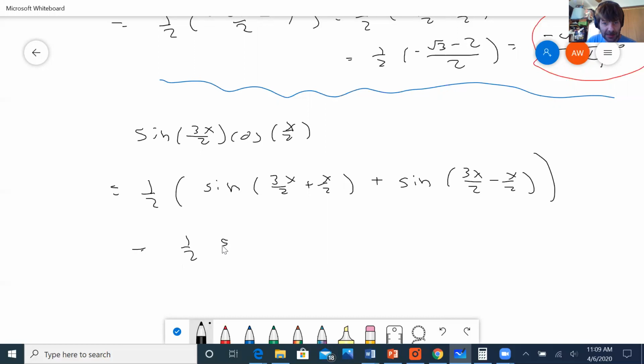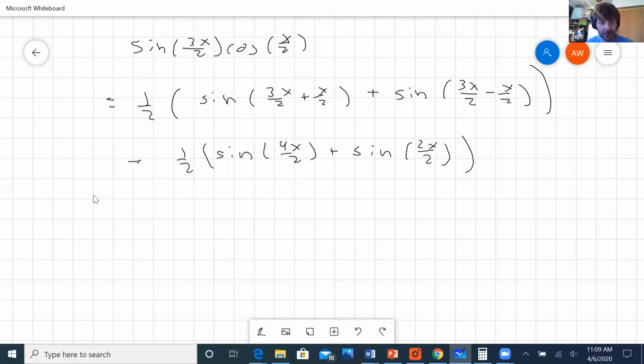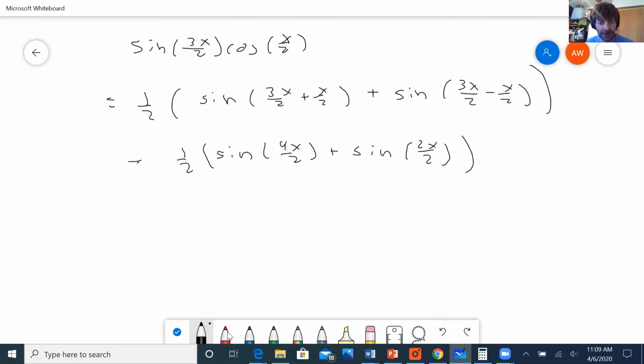So that's going to be sine 4x over 2 plus sine 2x over 2, or 1/2 times sine 2x plus sine x.